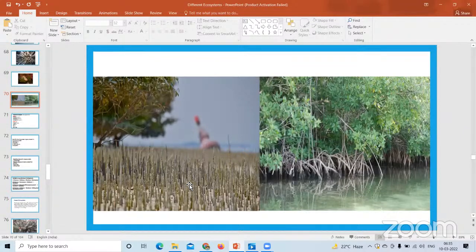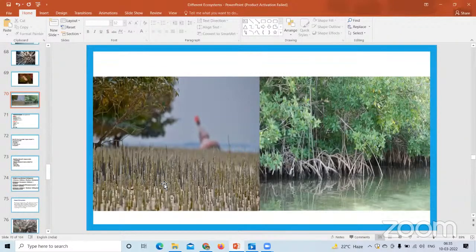If you observe here, these are all roots which came out of the soil. These roots are called aerial roots. That means they came out of the soil. Why did they come out of the soil?